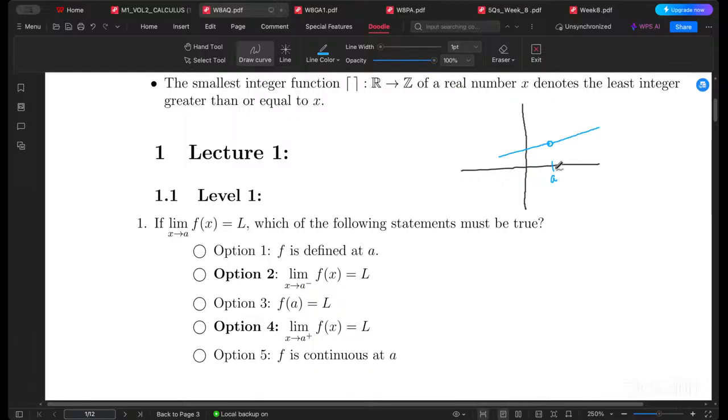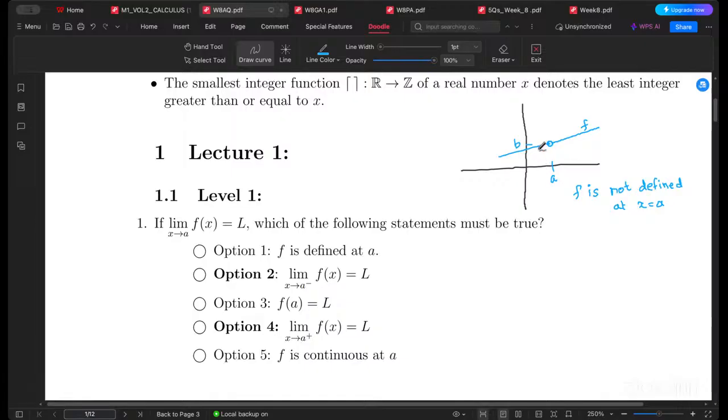What does this mean? It means that no value of f(a) exists. So f is not defined at a. Correct?